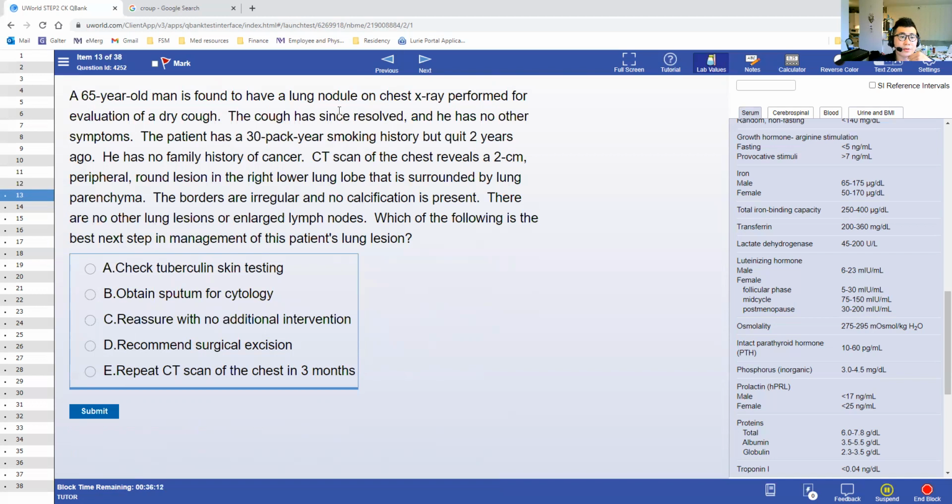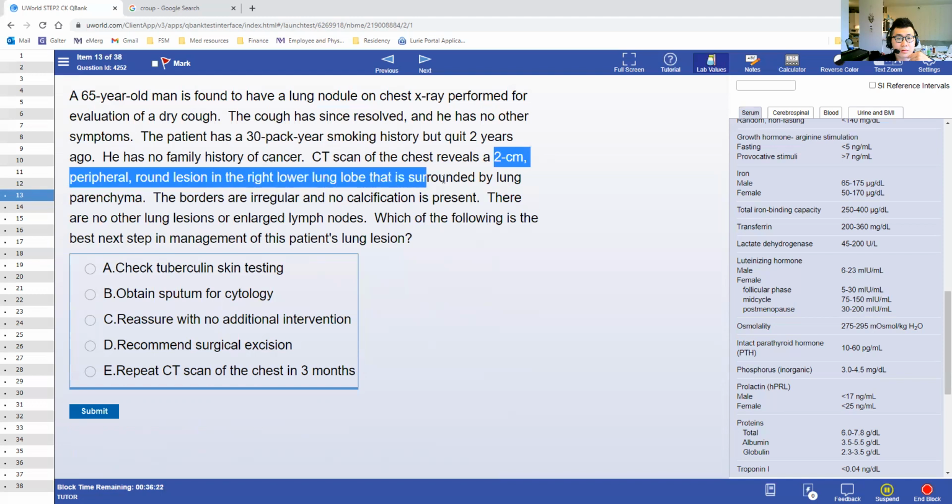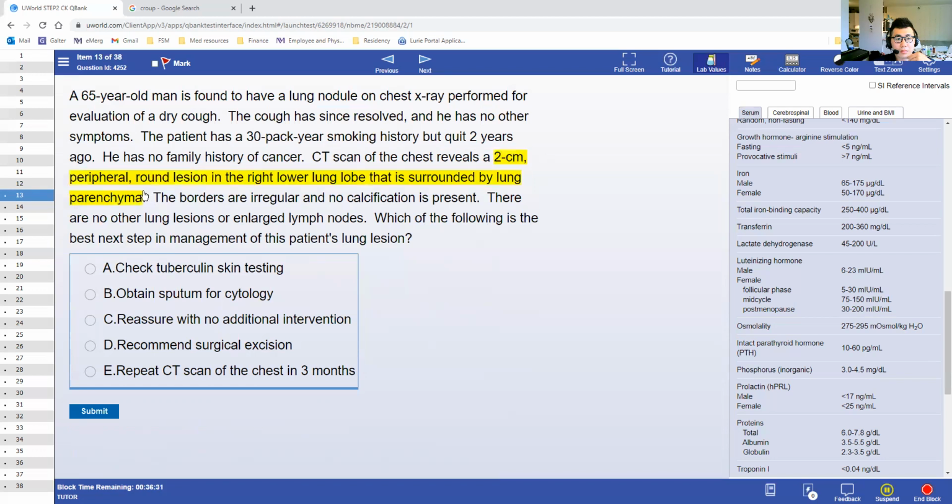Management question, chest x-ray, nodule, remote smoking history, but a lot of it. All right, so not a super big tumor, but I guess kind of suspicious.